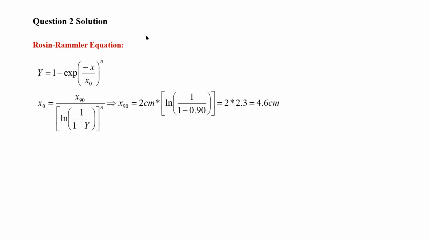If we put all values into the second equation, we obtain the size that 90% of particles can pass as 4.6 centimeters. This is the end of the second question. I think that was pretty straightforward, but if you have any questions, you can ask me again.